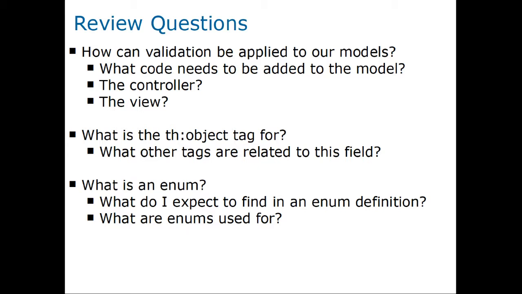So the controller is the one who gets to decide what happens, where the user is going to go based on the information that's been presented. And so the common way to do it, and we'll see this again when we do a little bit of coding here in a moment, is we'll check to see if there are errors, and if there are, we'll send them back, and they'll hopefully get displayed to the user. And if they're not, then we can proceed on with our application and send the user to wherever we want them to go next. So it really takes some work on all three parts, right, to perform validation.